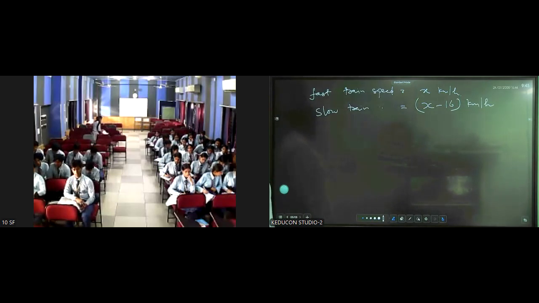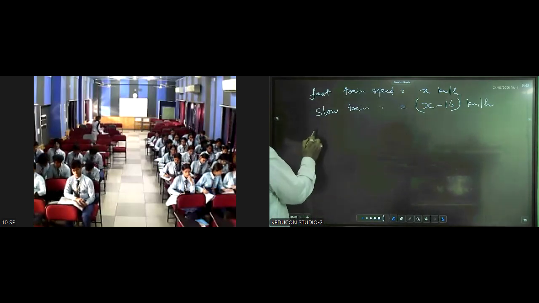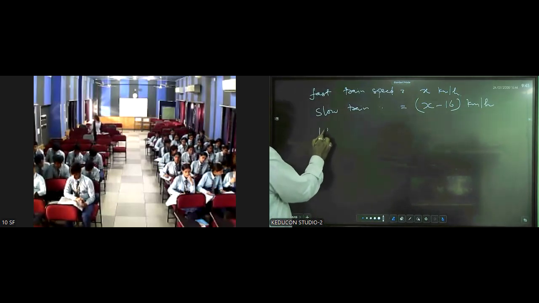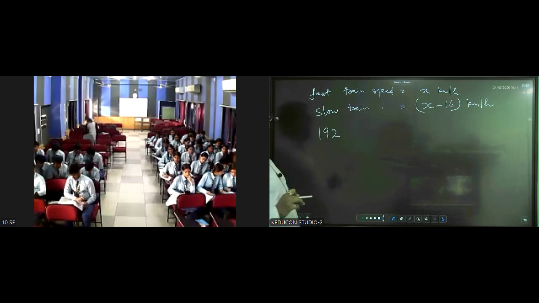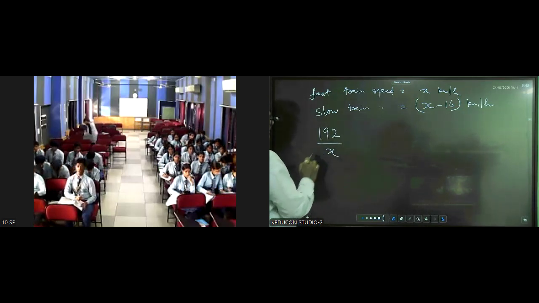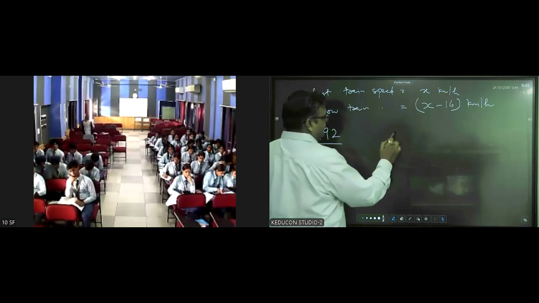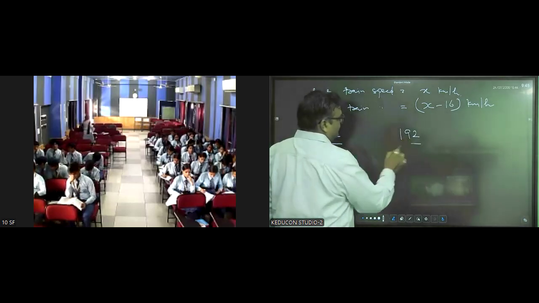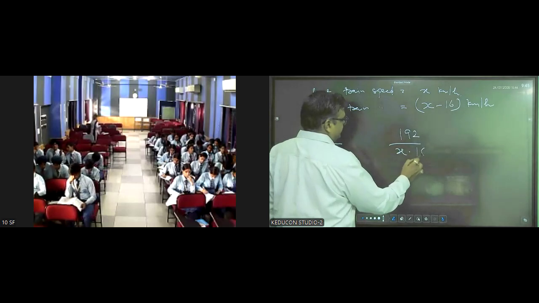Right? So what will be the equation then? Total distance is 192 kilometer with the speed of x kilometer per hour, right? And 192 kilometer with the speed of x minus 16.